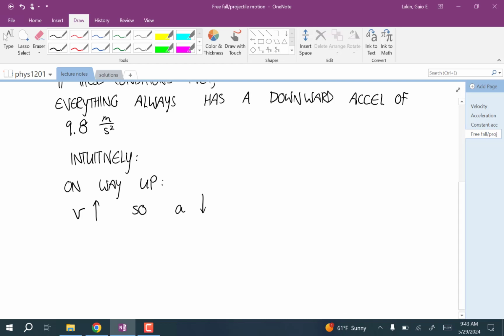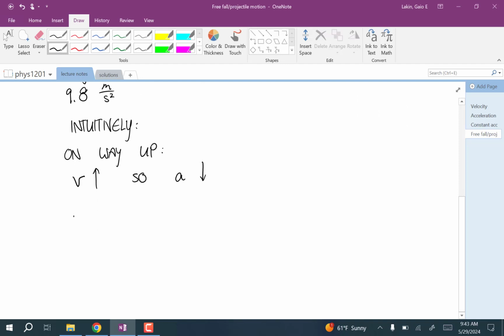Okay? Now let's think about when it's on the way down. Now the velocity is down. Usually for us, we would make our positive direction up, and so that would be a negative velocity, but you can just draw the arrow. And what's happening to the object on its way down? Well, you know that right when you first drop it, it's going very slowly. It speeds up as it goes down.